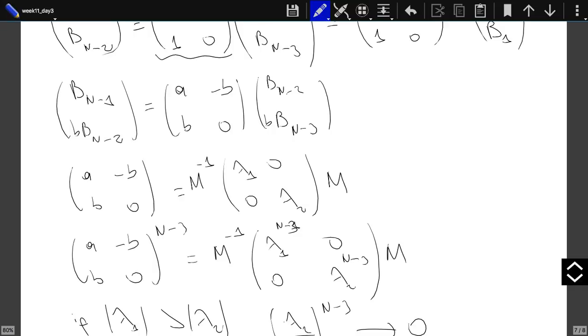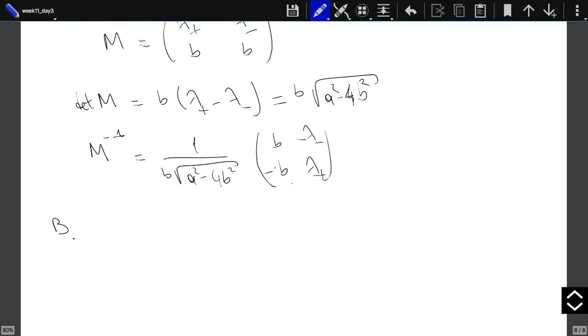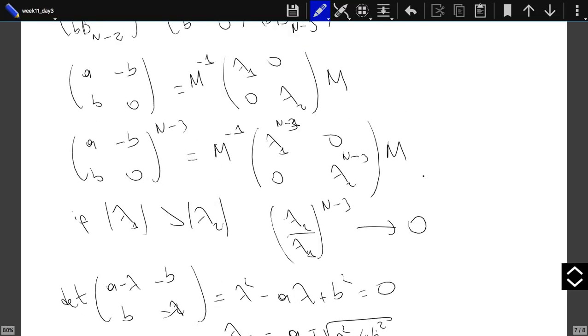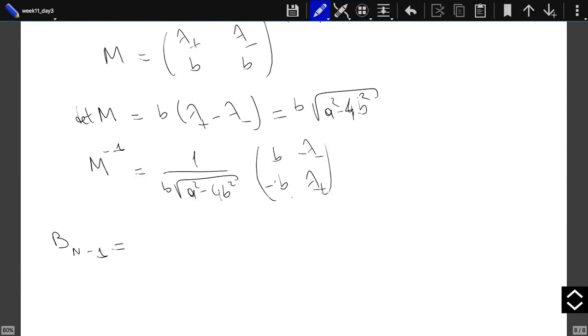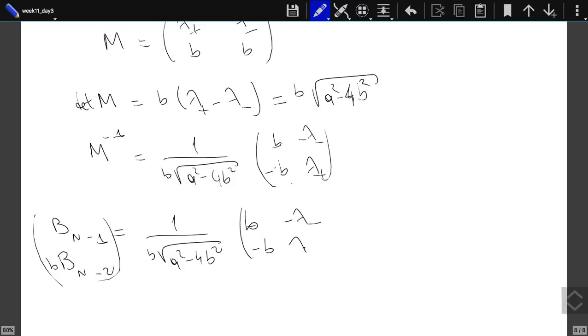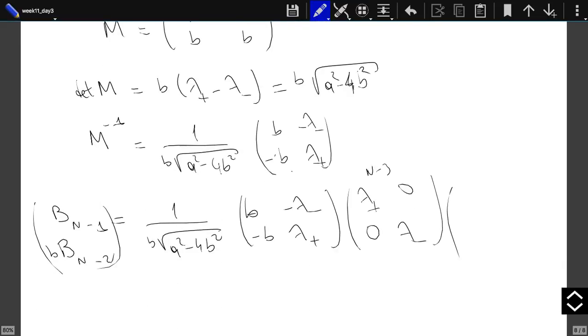So let's see, bn minus 1. This is equal to, well, we are basically using this one. M inverse, now bn minus 1, b times bn minus 2. This is equal to 1 over b times the square root of a squared minus 4b, with b, minus lambda minus, b, lambda plus, lambda minus to the n minus 3, lambda plus, lambda minus, b.